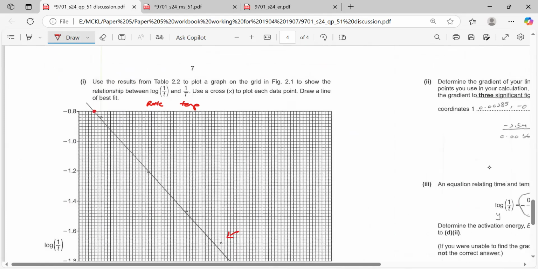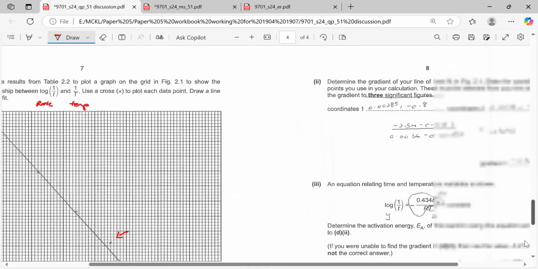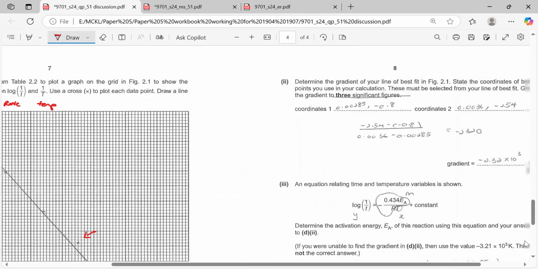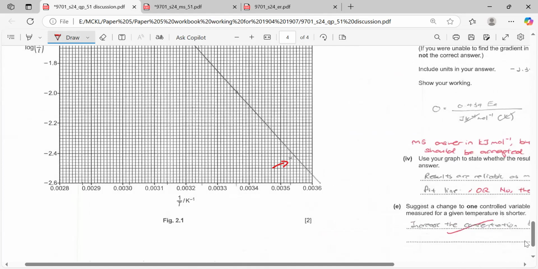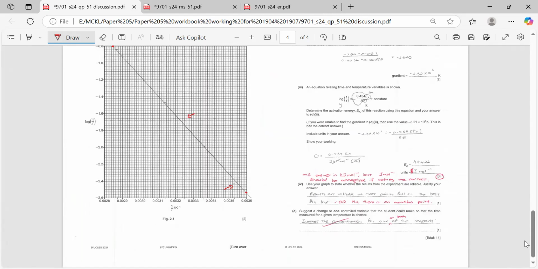This is one coordinate that I've taken. And the other one is negative 2.54. I think I checked the y-axis. Negative 2.54. I think mine is here. Now, it's because I dragged my line very far. Okay. So I selected the furthest two.